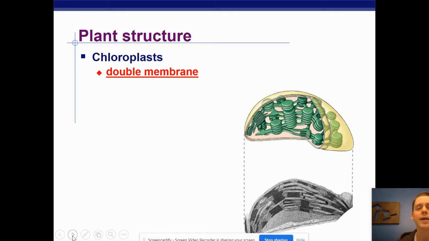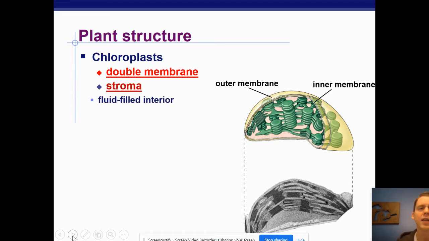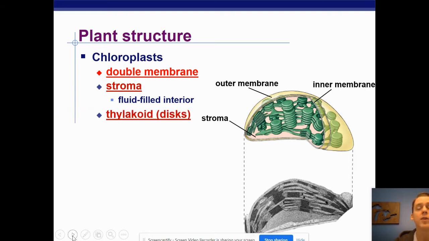A chloroplast, like a mitochondria, has a double membrane, outer membrane and an inner membrane. It has what's called stroma. This is the fluid-filled interior. So there's the stroma filling up the remainder of the chloroplast. Then we have these thylakoids, which are discs. There's one thylakoid.